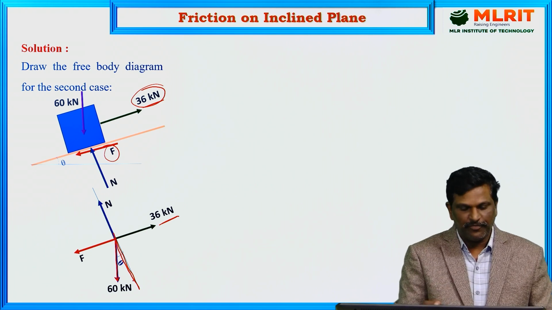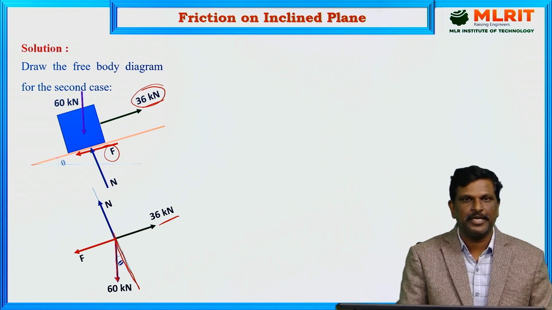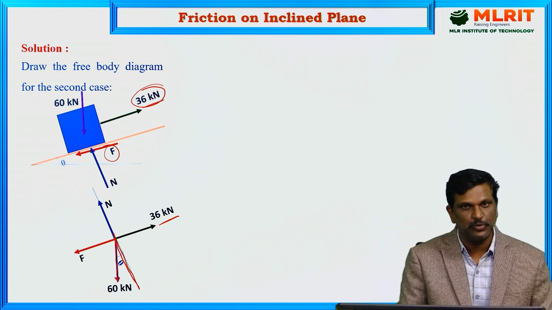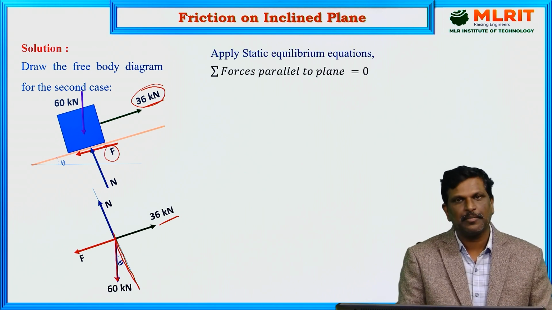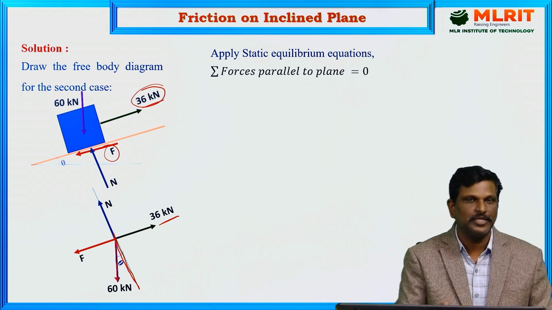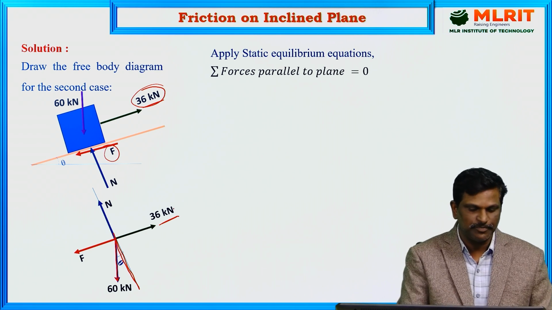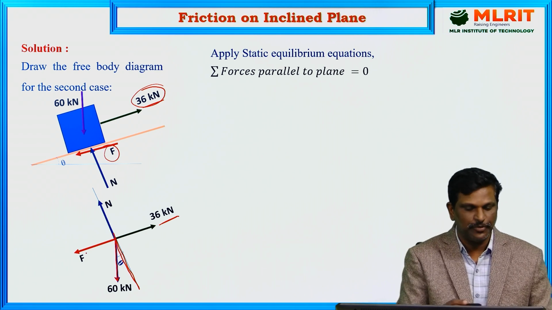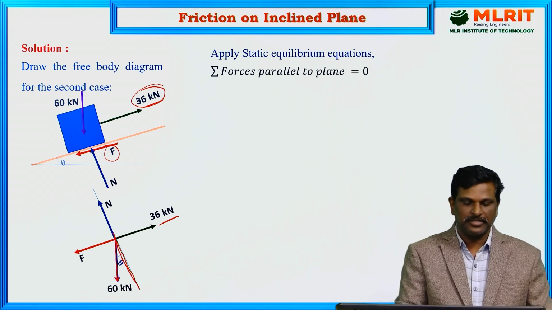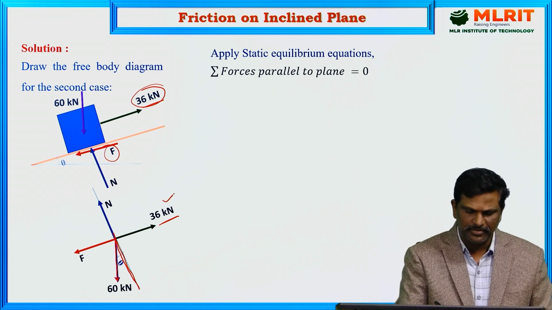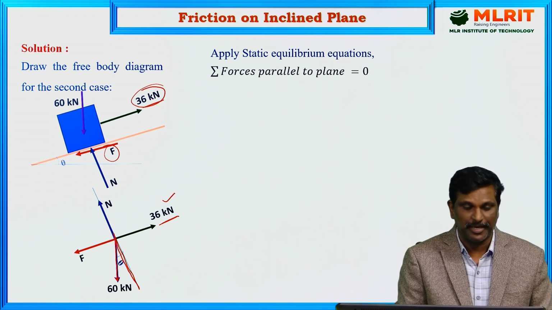Now resolve the forces parallel to plane and perpendicular to plane and equate to 0. Sum of forces acting parallel to plane equal to 0, because the body is under equilibrium. Now look at the forces acting parallel to plane. 36 kilonewton is acting parallel to plane.